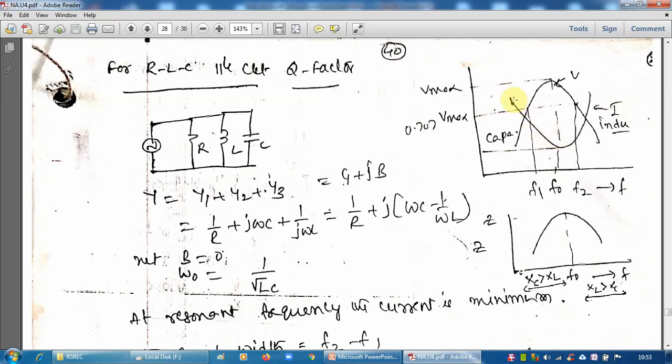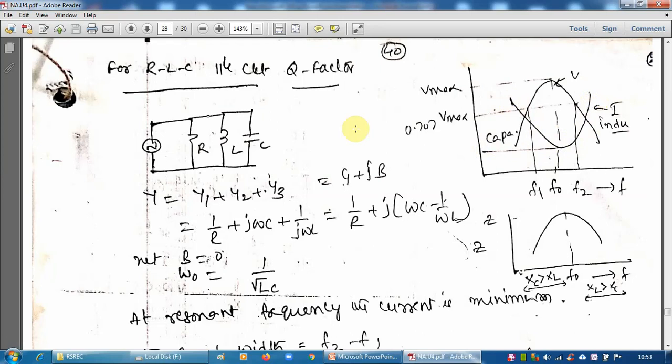This is Y. So the current also varies in a similar fashion, or if you want to say in terms of impedance, as this is Y, here I have mentioned I, the current in the parallel circuit, in the same manner as that of Y.